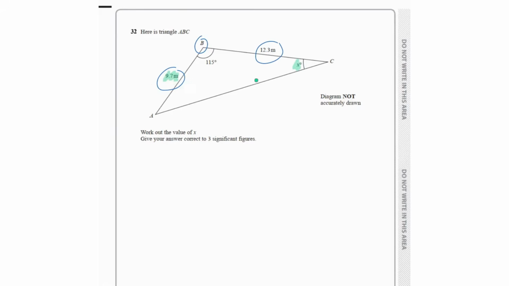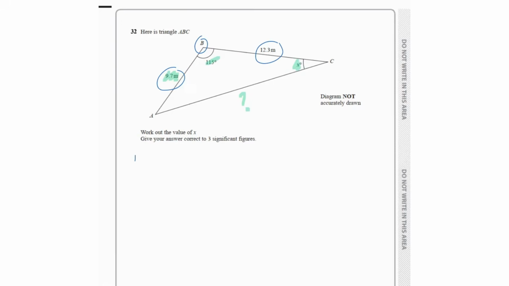So over here, as you can see, the angle that we have, we don't have the length for that. But for the length we don't have the angle for that. So first we need to figure out this length, and that will be done using the cosine rule.